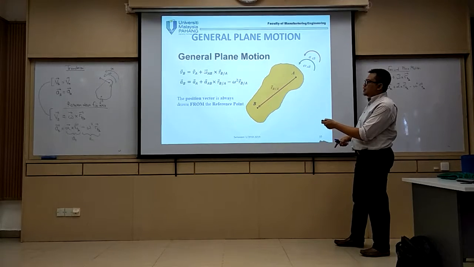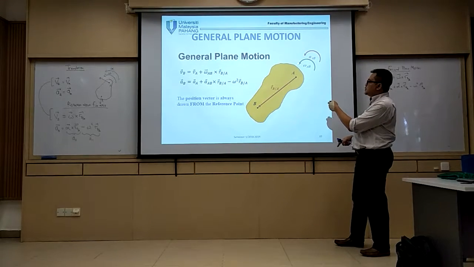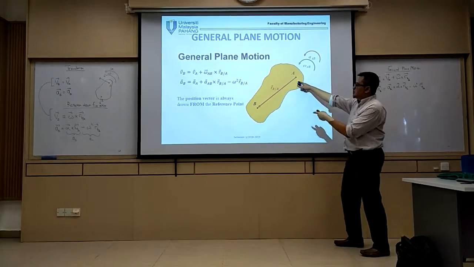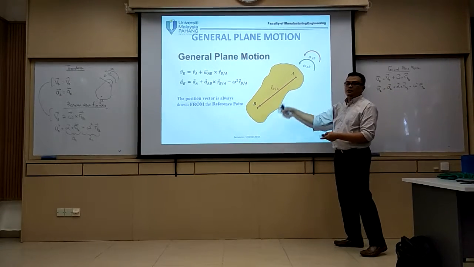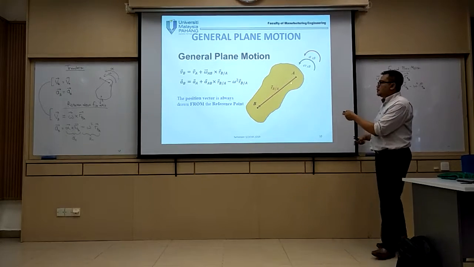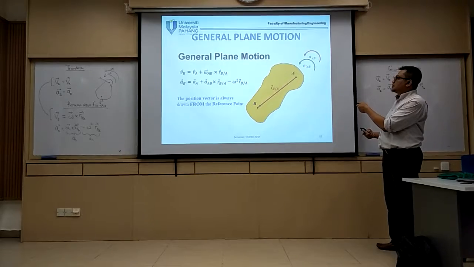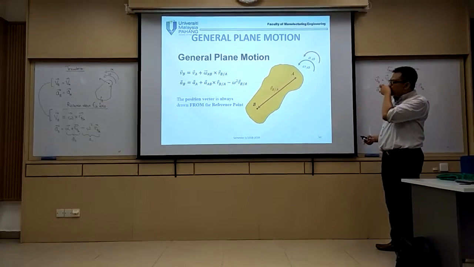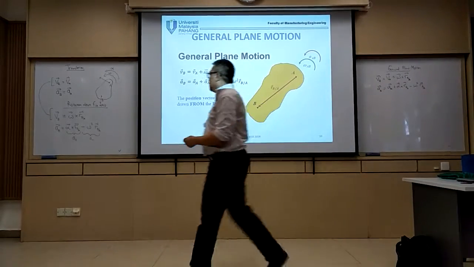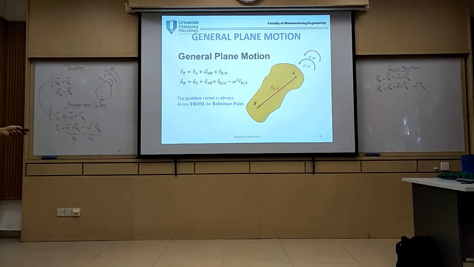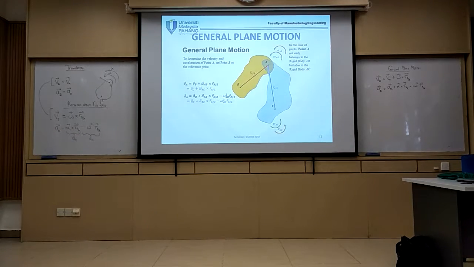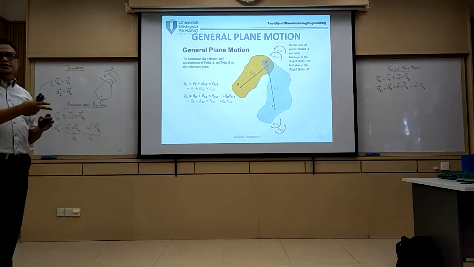Okay? So omega AB is basically the angular velocity of this rigid body. Because this rigid body consists of points A and B, and sometimes we write it as omega A. So normally in a system, it's not only a single rigid body.